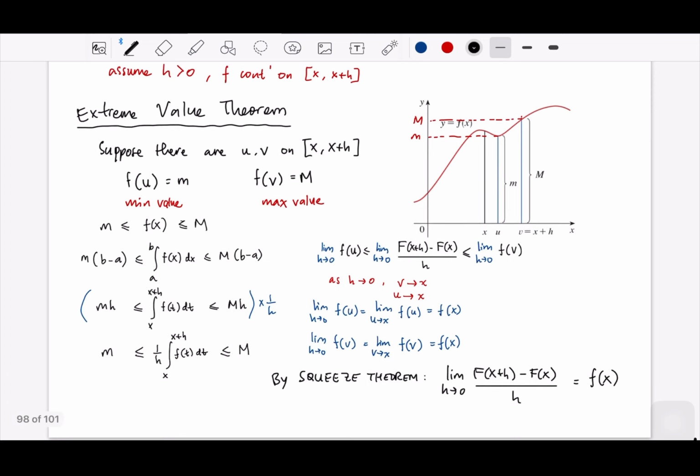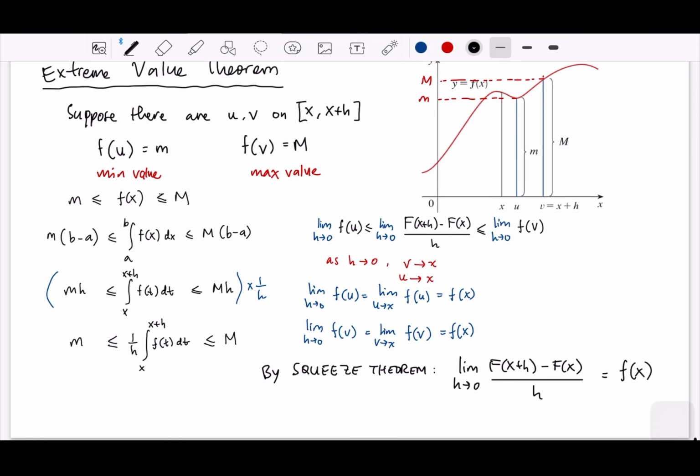So the conclusion from all the proving is still what we had in the beginning: if we have the integral from a to x of f of t dt, this will result in its original function f of x.